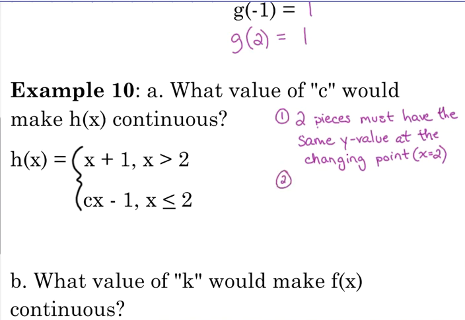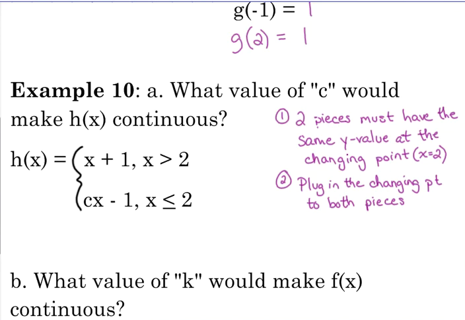So to handle this, we're going to plug in the changing point to both pieces. And if they have to have the same y value, then that means they've got to be equal to each other.